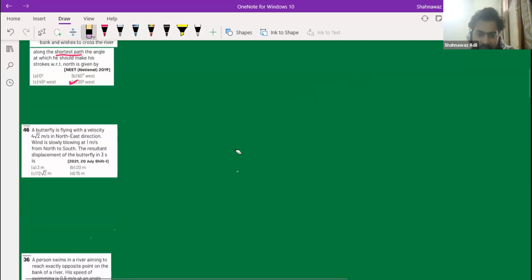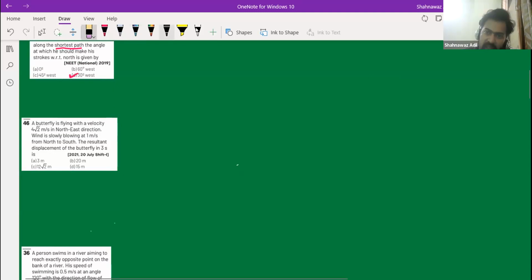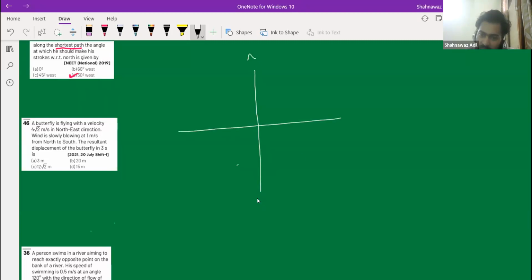Okay, so now I will explain the idea of this question. Let's draw the diagram. A butterfly is flying with velocity 4 meters per second in the northeast direction. So this is north, south, east, and west.